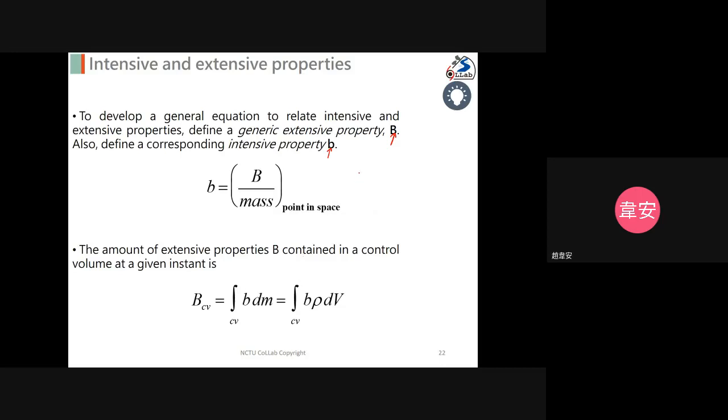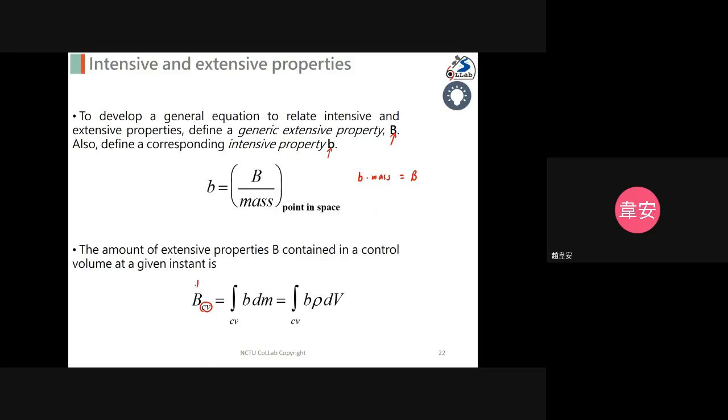So we know if the mass is multiplied by the small b, it will equal capital B. So intensive multiplied by the mass is equal to the extensive property. Okay, and here we define the control volumes.